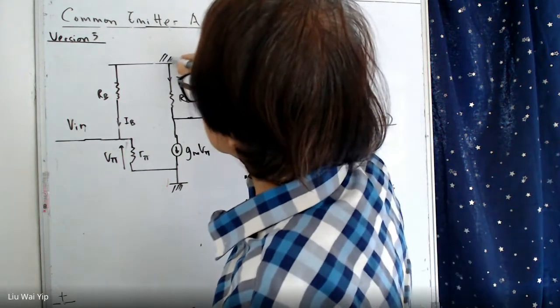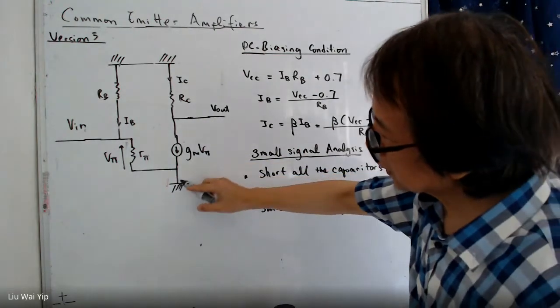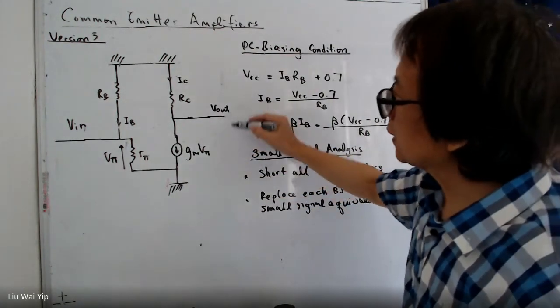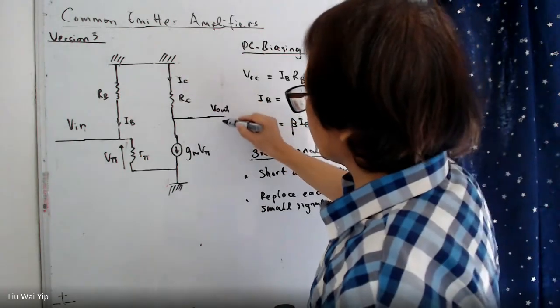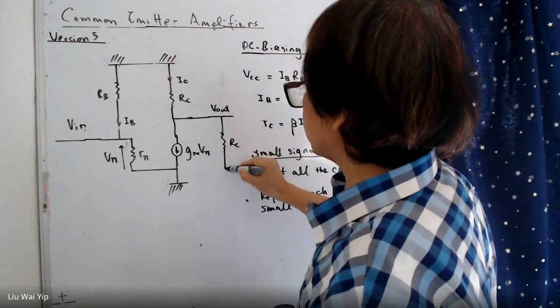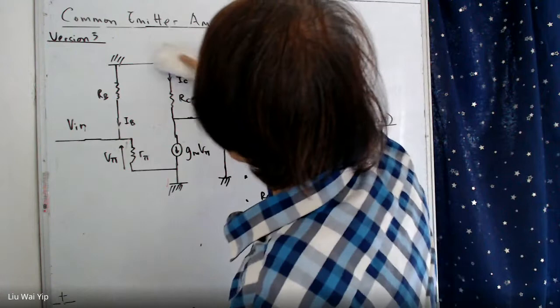So we can do it in this way. And this ground makes no difference with the physical ground here. So in other words, we can move the resistor down here, and this ground move to here. So this one done.